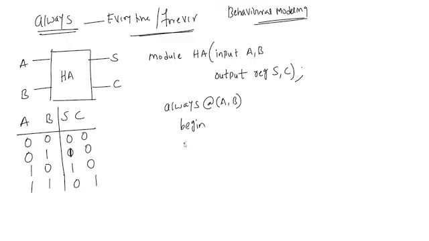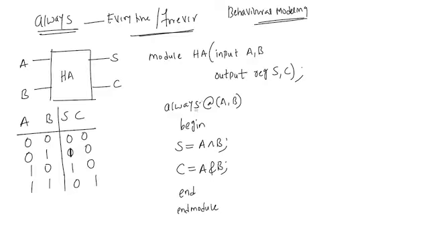So that can be hybrid modeling also. Here begin, I'll use s equal to a XOR b and c equal to a and b. End module.